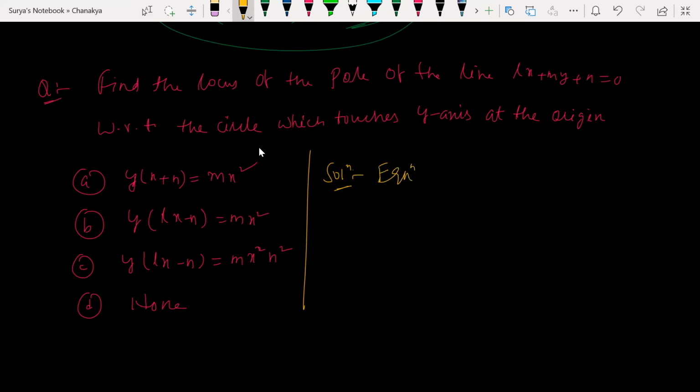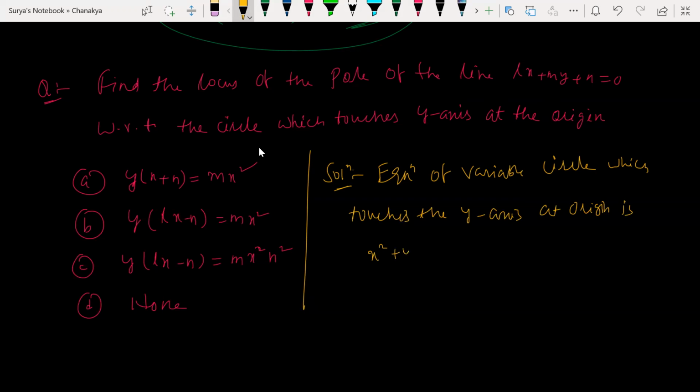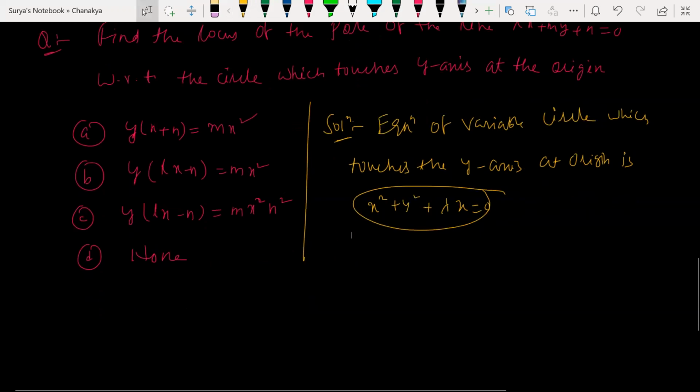In system of circles, I told you, the equation of a variable circle which touches the y-axis at the origin is very important: x square plus y square plus lambda x is equal to 0.